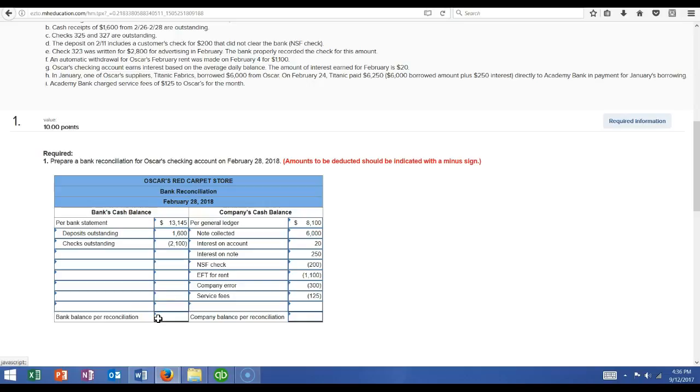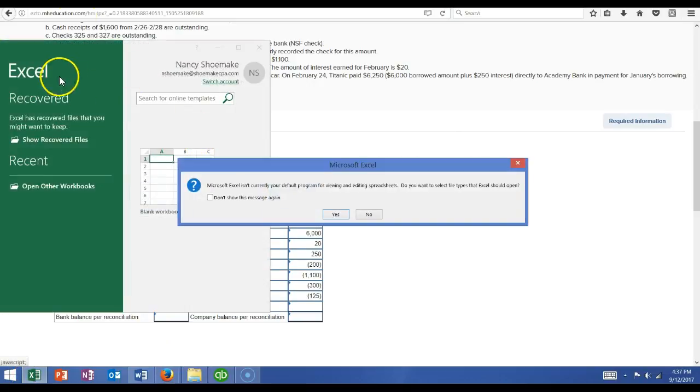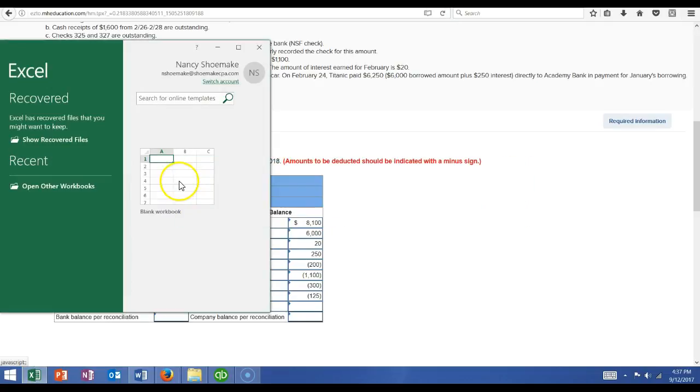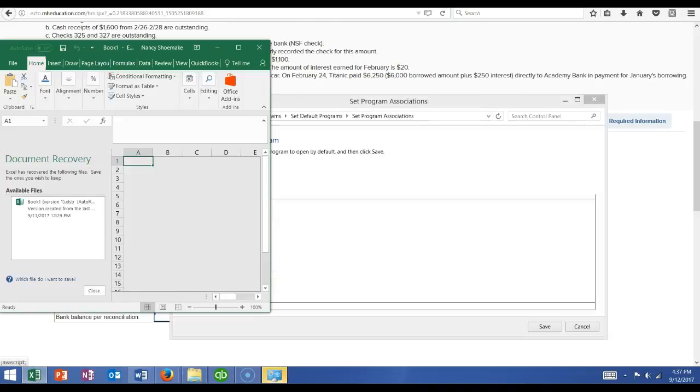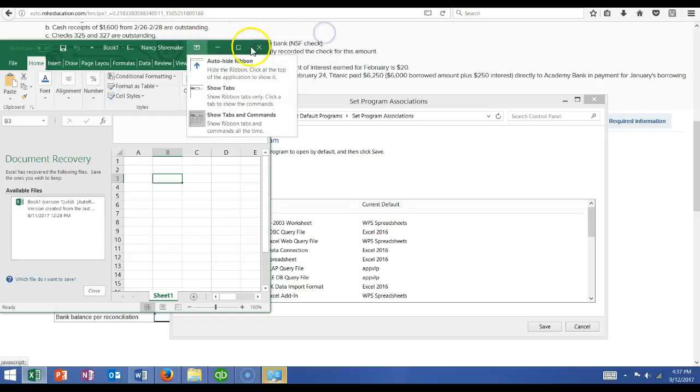So if we go through our bank cash statement, let me get a means to add up these figures here.